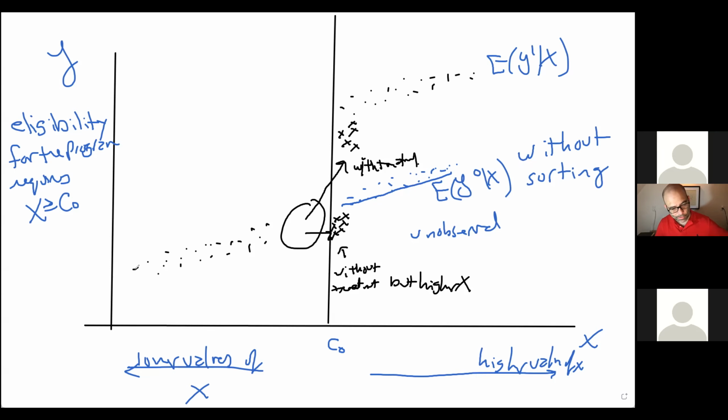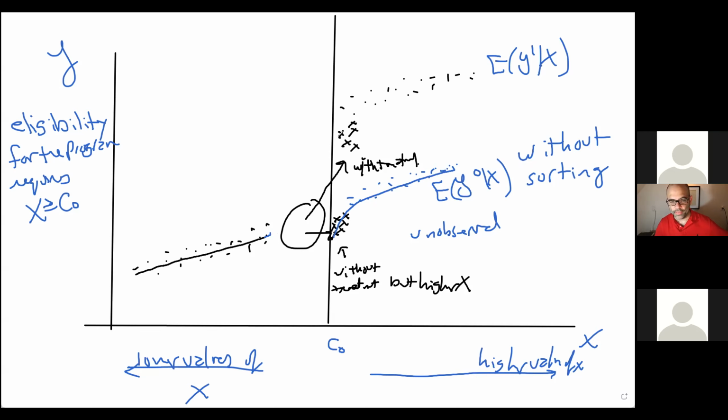And so now you've got this changed kink. Do you see how this kink has changed? Now you've basically got this, and it's got a gap here, and it's discontinuous now.